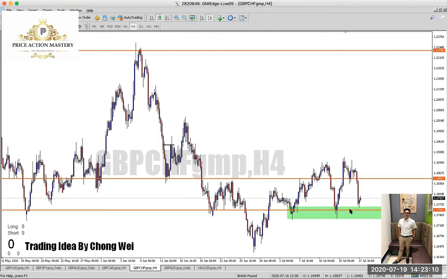This area is a very strong buy area, so you can try it out with a very little lot size. Overall it's still in a downside, but this level will be a strong buy. I will buy if a setup is formed in this green area, or else we're not going to take the trade.